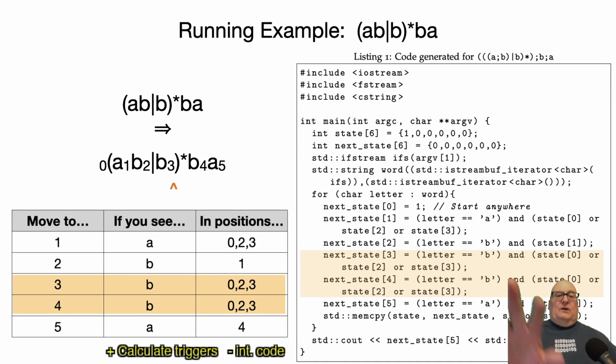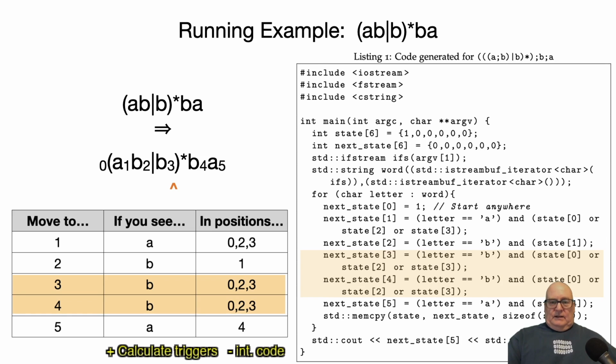So on the right, in the code we're generating, the core is that for loop, for char letter of word, and then we have state and next state. We're basically starting with an initial state, just past the main line, 1 0 0 0 0 0 whatever.